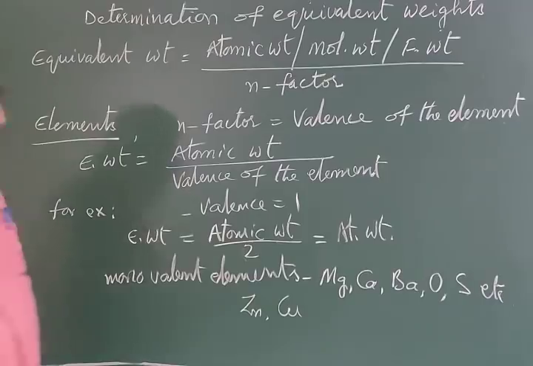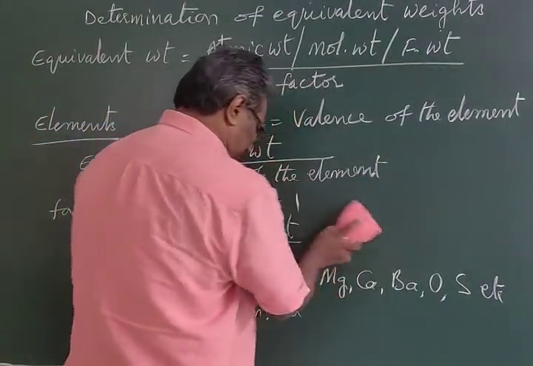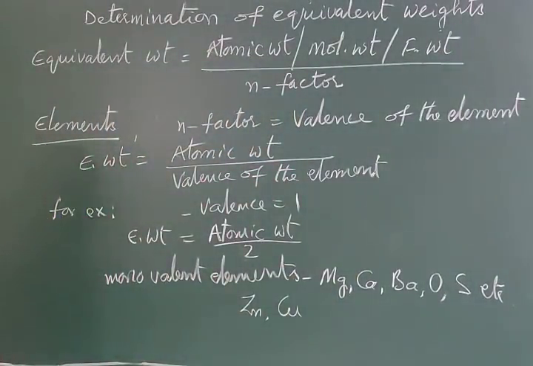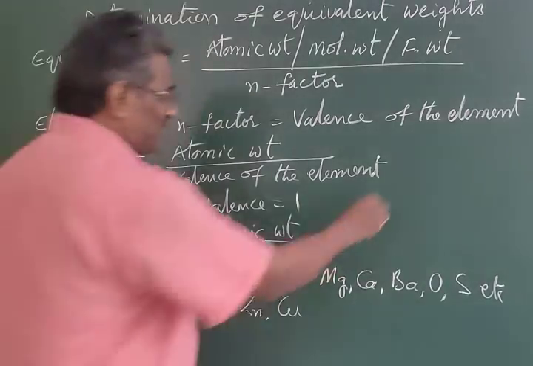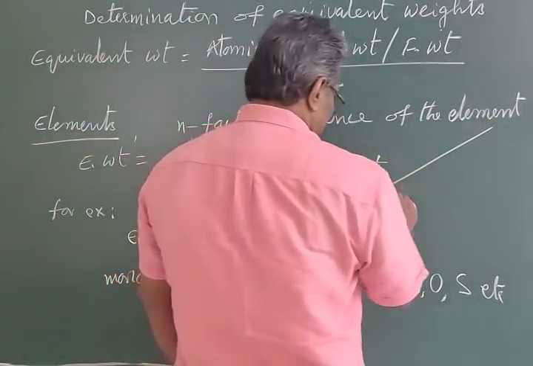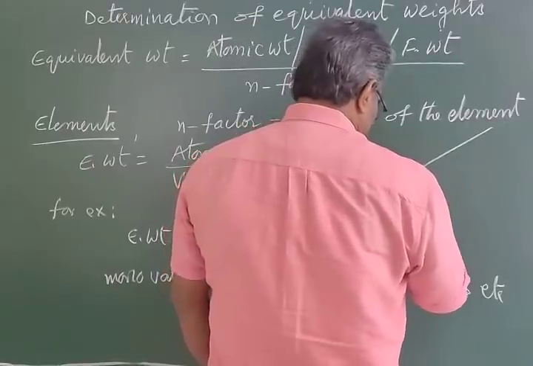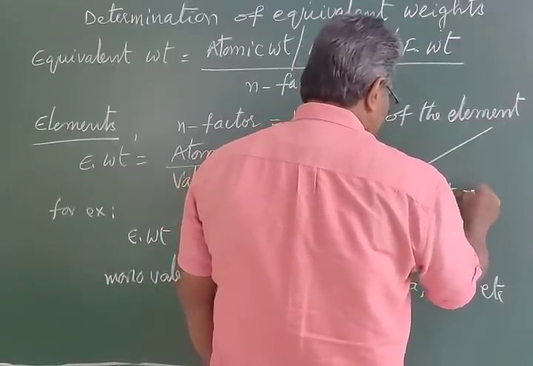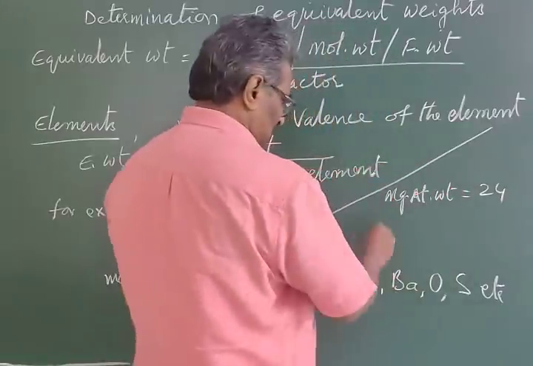For example, magnesium's atomic weight is 24.